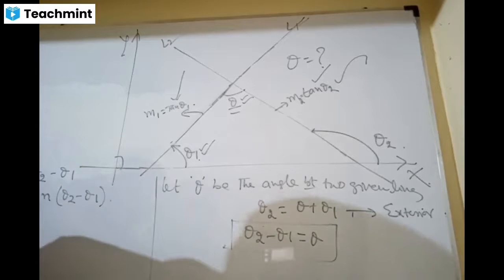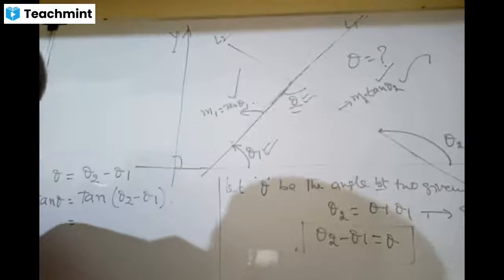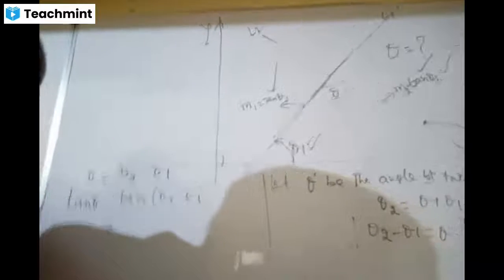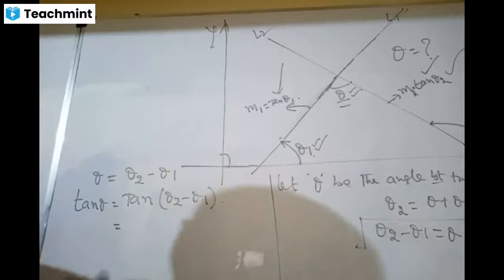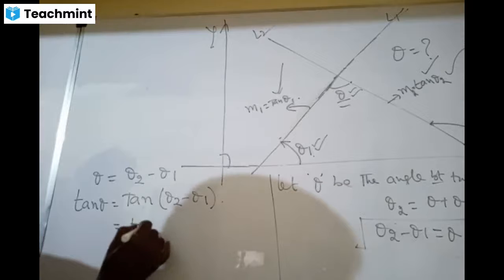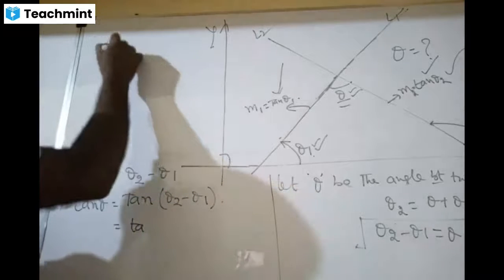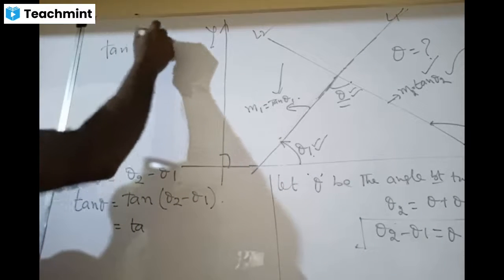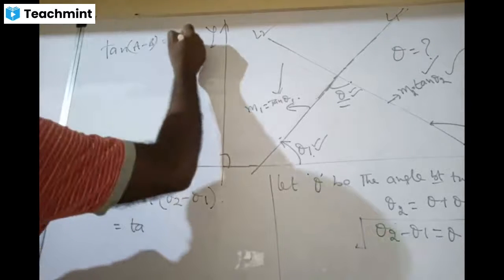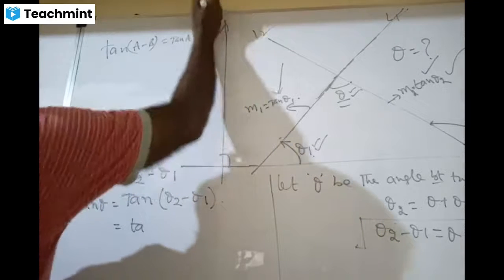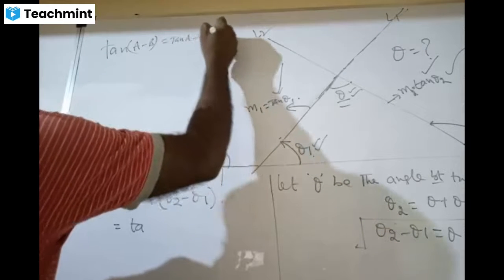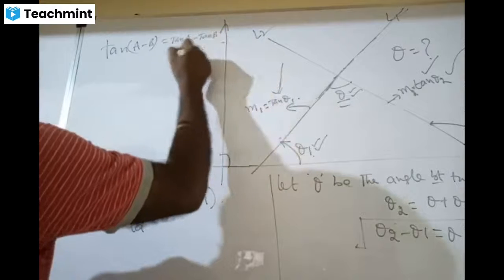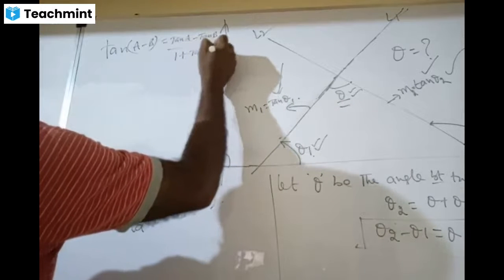Kavi? Sir, tan A minus tan B divided by 1 plus tan A tan B. Tan of A minus B equals tan A minus tan B by 1 plus tan A tan B.